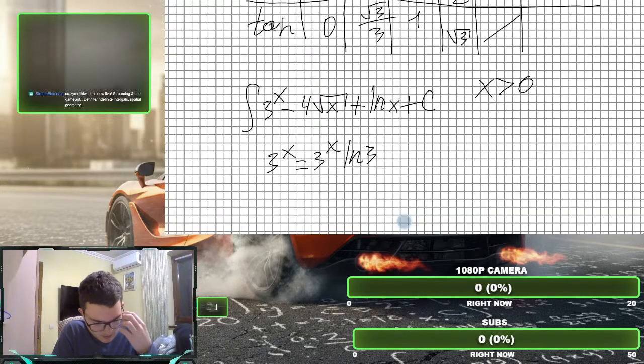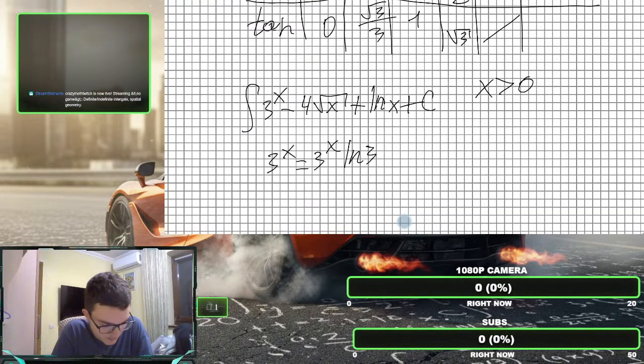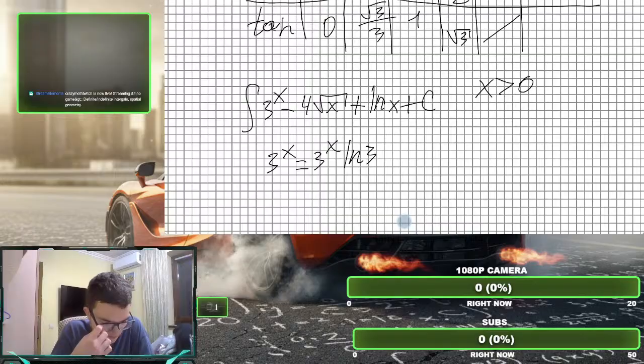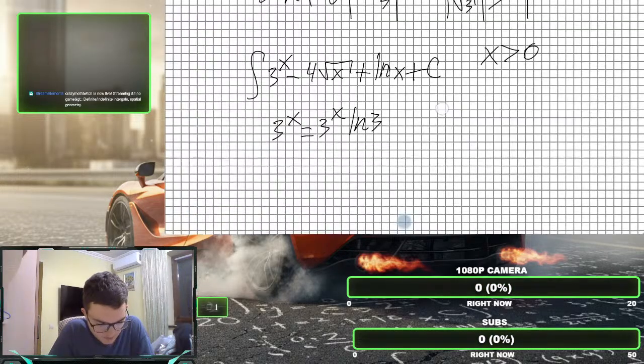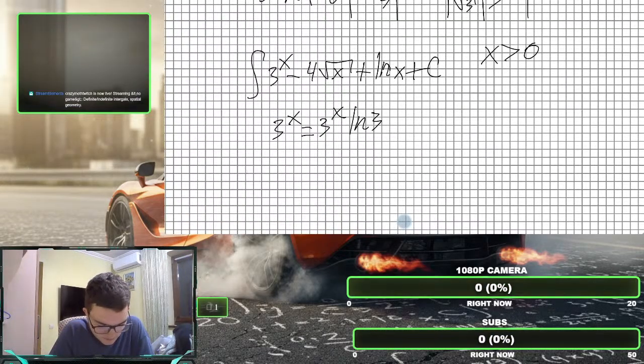Okay. So that's in the bag. How are you supposed to remember that 3 to the power of x has the derivative of 3 to the power of x ln 3? I don't know. There's another one that is actually easier. So minus 4 square root of x.